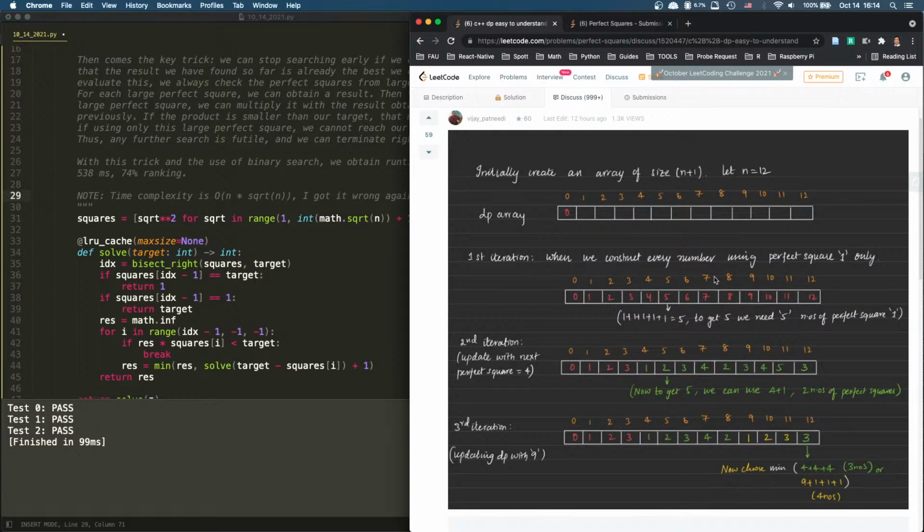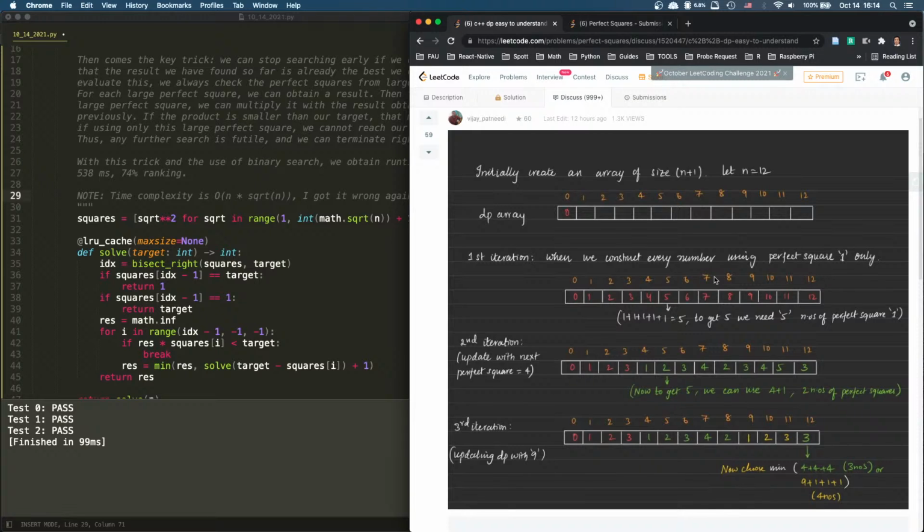So divided by 4, we get how many 4s we can take away, and then we multiply that times 4, and the remainder is what's left. So it's going to be the remainder plus the quotient.